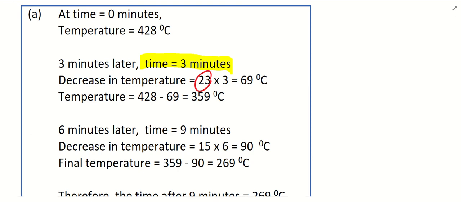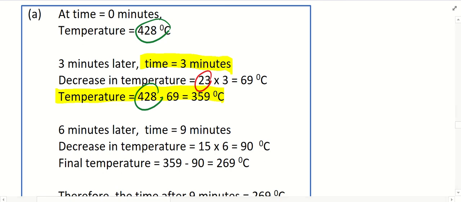That is the drop in temperature in the first 3 minutes. So what is the temperature after 3 minutes? You take the initial 428 minus the drop in temperature, which is 69, to give me 359 degrees Celsius. So this is the temperature at time equals to 3 minutes.